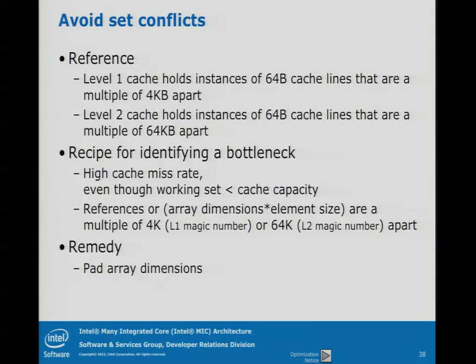At the same time, 4K transfers in terms of DMA are the fastest. So you should make sure that your data starts at a 4K boundary, but all the dimensions are a little off in terms of the page boundaries.